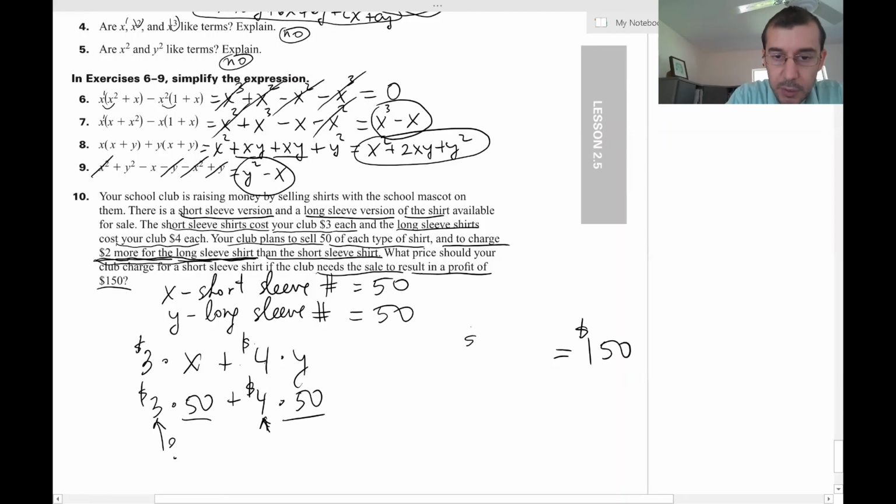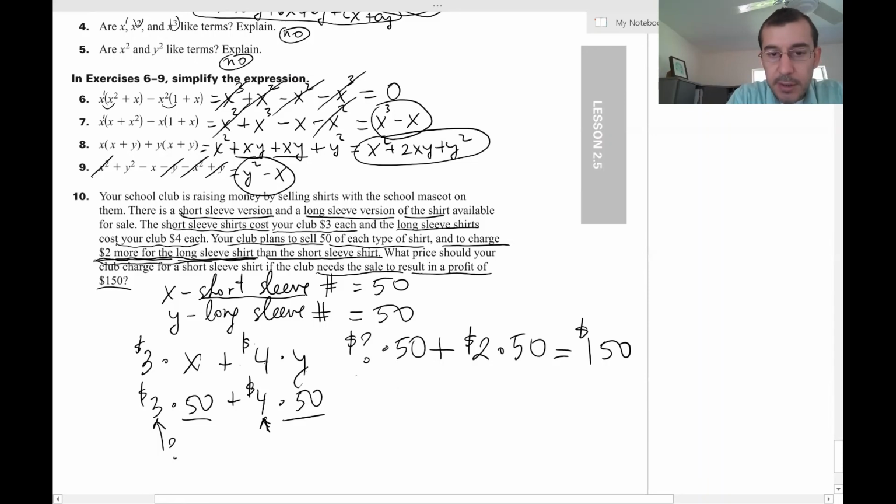So we make $2 profit from the long sleeve shirts, and we have 50 of them. Okay, and then it's asking us what's the profit per shirt of the short sleeve shirts we make, and we have 50 of them.